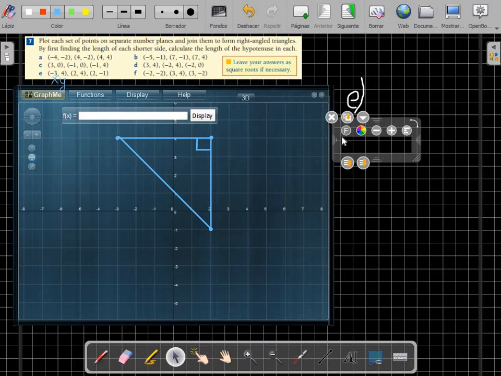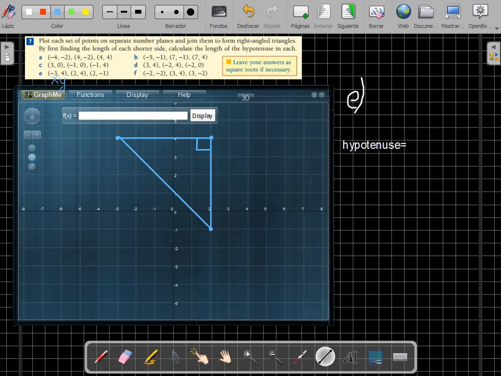Okay, it's quite easy. The Pythagorean theorem tells us how we can do that. Hypotenuse is equal to the square root of one leg squared. Remember that one of those 2 legs is equal to 5. One leg squared plus the other leg squared.